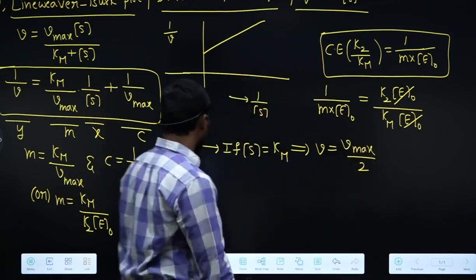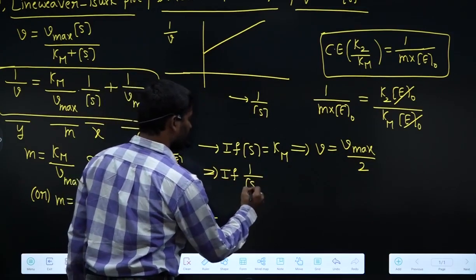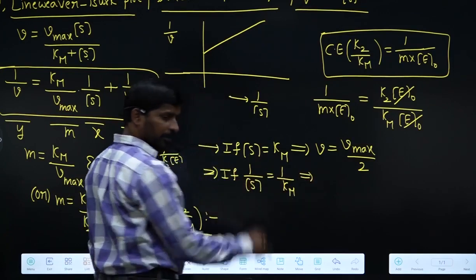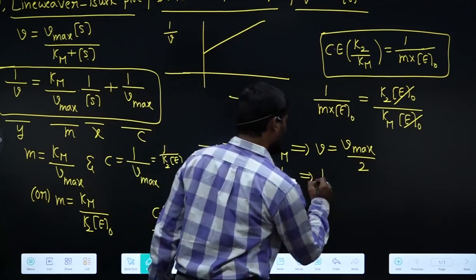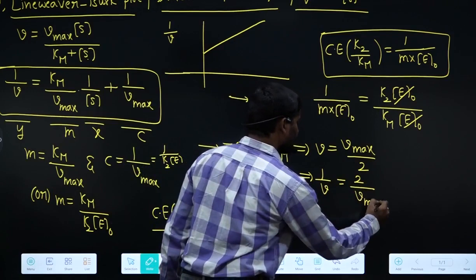Similarly, if you take the inverse, 1 by concentration of S equal to 1 by Km, then 1 by V obtained is 2 by V max.